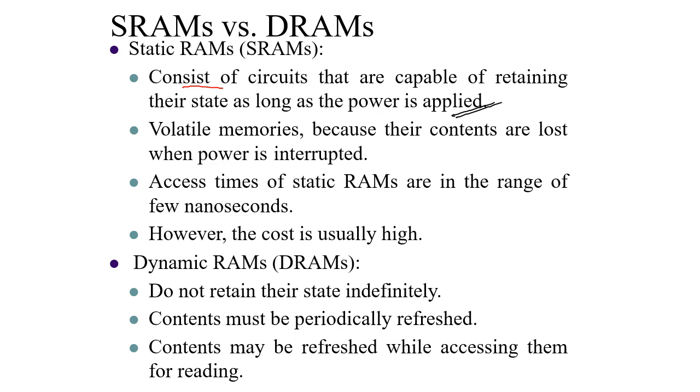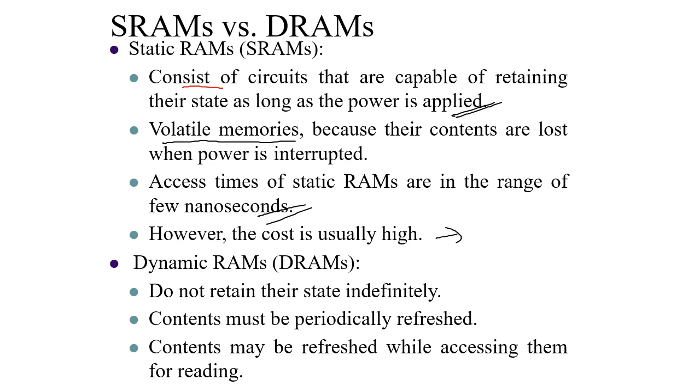In case of static RAM, the data can be stored in the cell till the power supply is present. Once the power goes off, the data gets erased. This SRAM is called volatile memory, since the data gets lost when the power is interrupted. The access time in case of RAM is fixed, in terms of few nanoseconds.